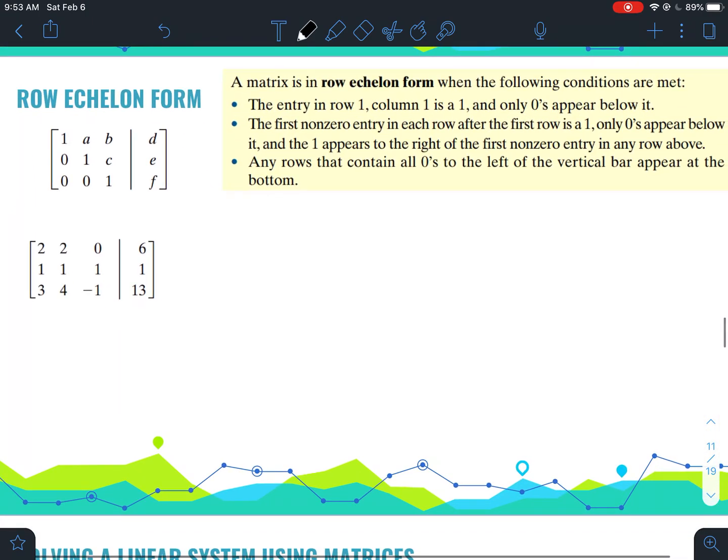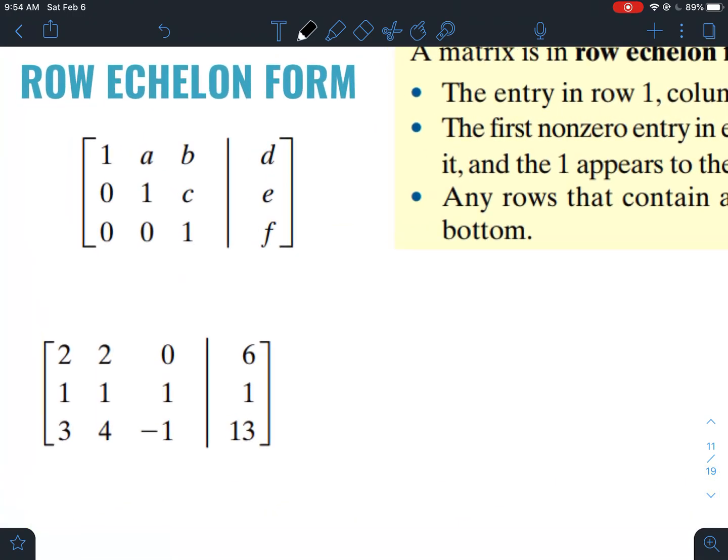So what we're going to do is take those row operations and take a matrix that is in augmented form and change it into row echelon form. What row echelon form looks like is you want a 1 as your first entry in your first row, first column, and then you want zeros underneath it.